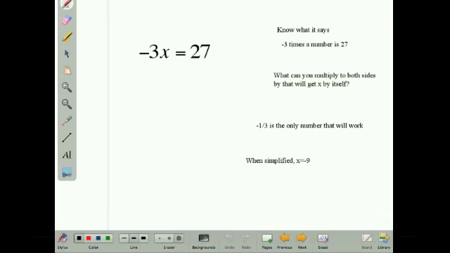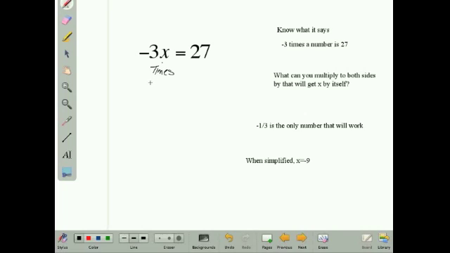Alright, so we've got an equation, negative 3x equals 27. What can we do to this equation to get x by itself? Now, this says that it's equal. So as long as we do the same thing to both sides, this says negative 3 times x, and times is the key word. Well, what's the opposite of times?